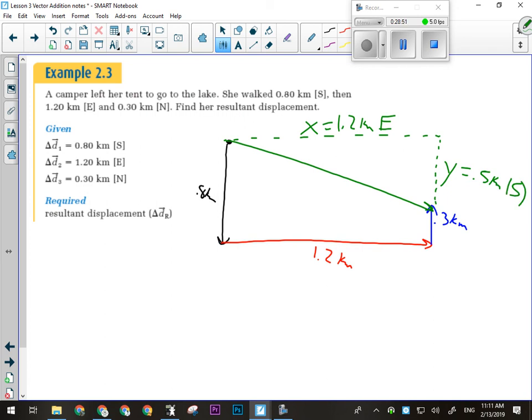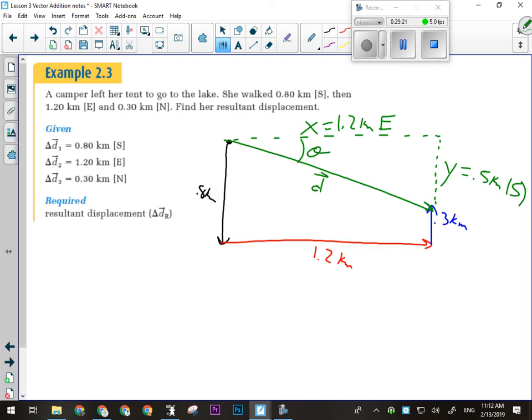The question wants me to calculate her overall displacement, which would be the length of this line with that direction. Can I find those two things? This is what essentially all multi-vector problems break down to: finding the horizontal and vertical components of your overall vector, your result, and finding out how much to the side and how much up or down it goes in total.